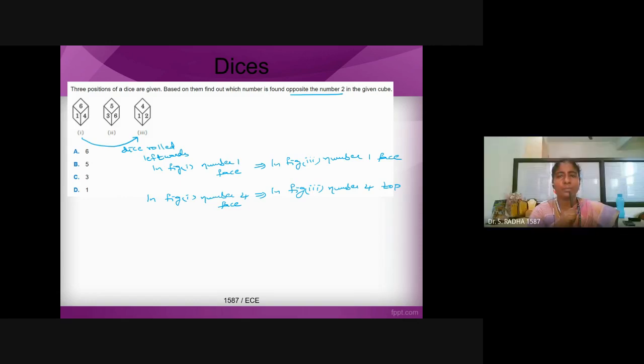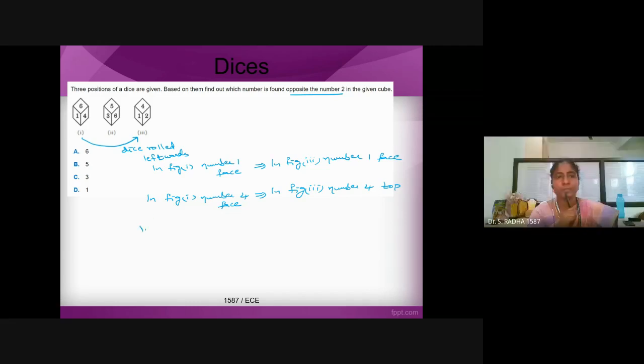What is the number opposite to 2? If you have the answer, you can tell me. I got the answer. When leftward rolling happens, what about 6?